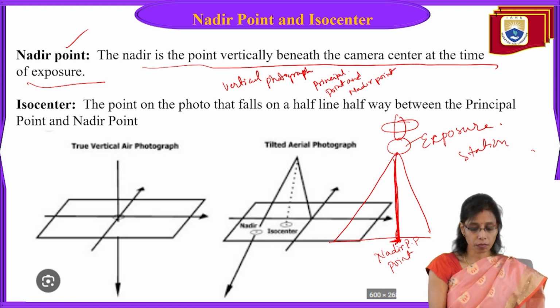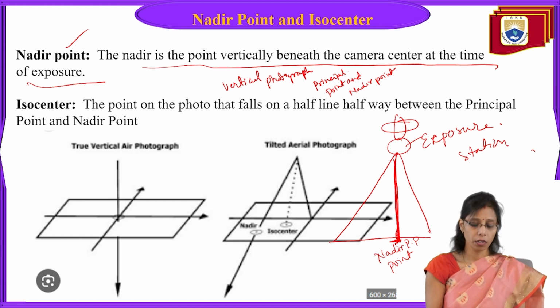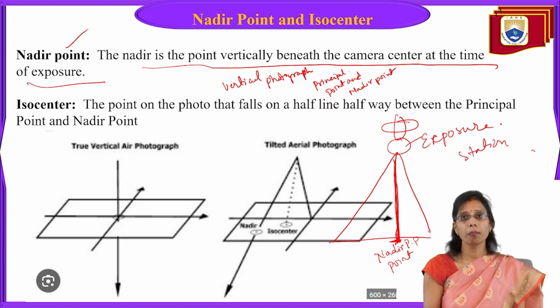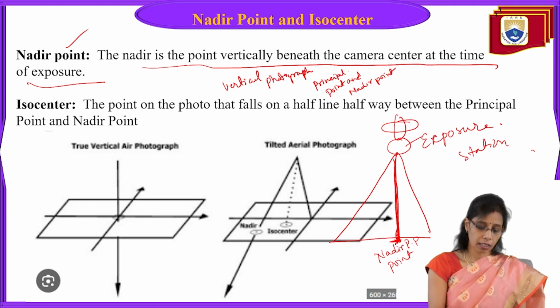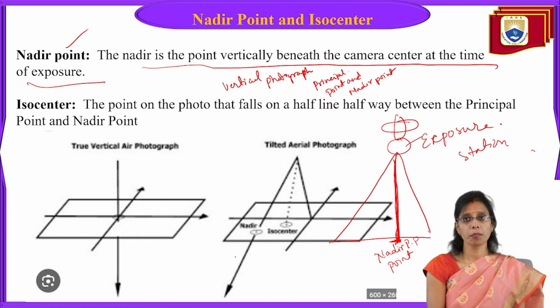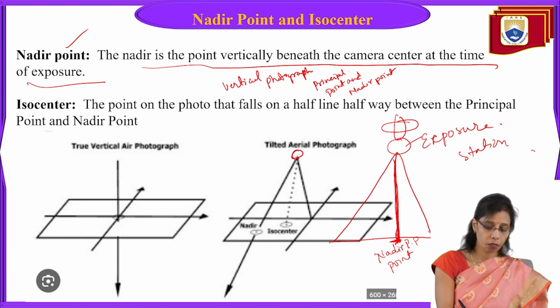Whereas when you see a tilted aerial photograph, obviously it's an oblique photograph. So an oblique photograph will be low oblique or high oblique. In an oblique photograph, you will see the nadir point is different, and the principal point will again be different. So if the exposure station is somewhere here, the nadir point will be somewhere here, right?